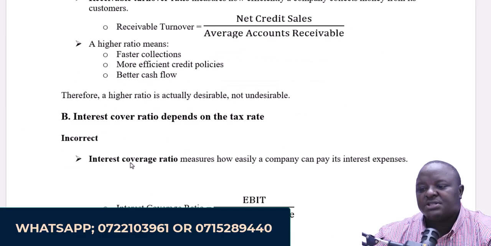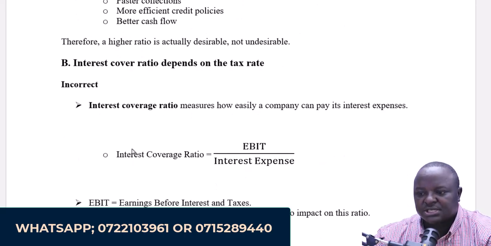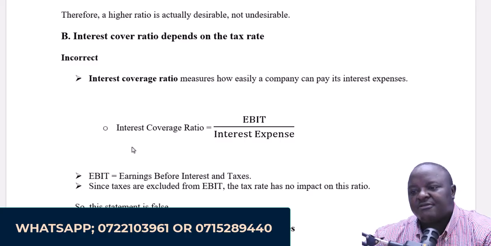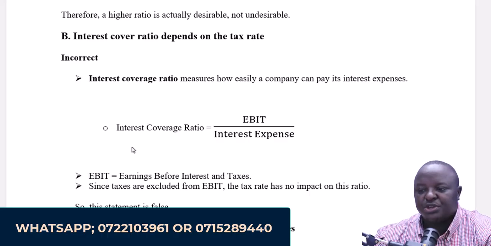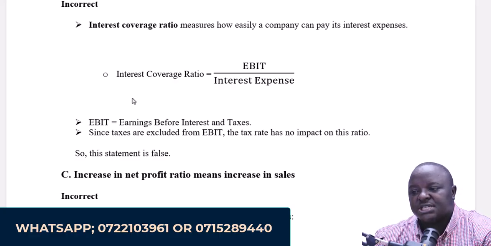The statement that the interest cover ratio depends on tax rate is incorrect, because the interest coverage ratio measures how easily a company can pay its interest expenses. Interest coverage ratio equals earnings before interest and tax divided by interest expenses.